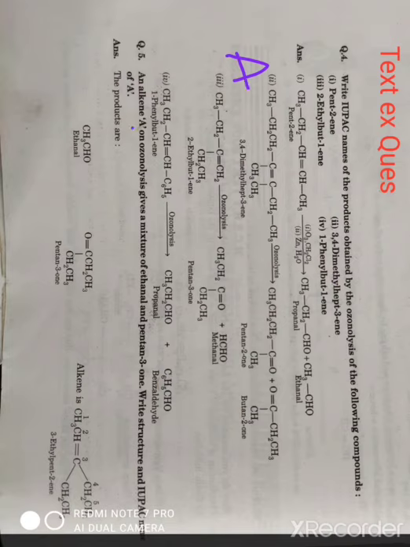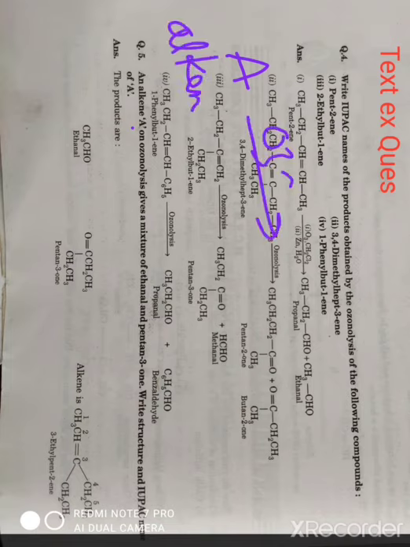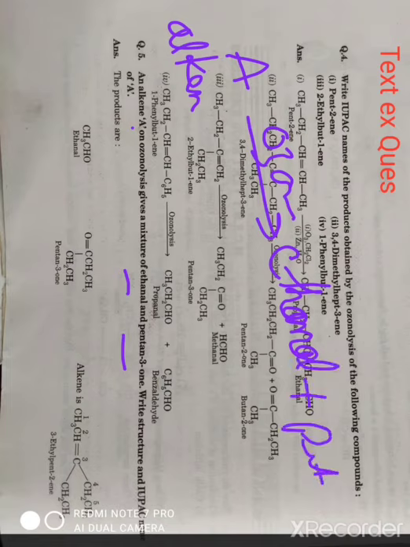A is an alkene which on ozonolysis gives rise to two products, that is ethanal and pentan-3-one.